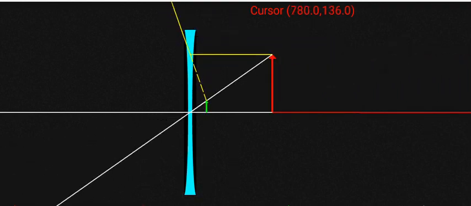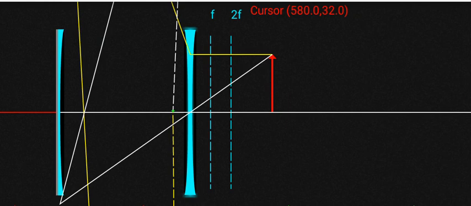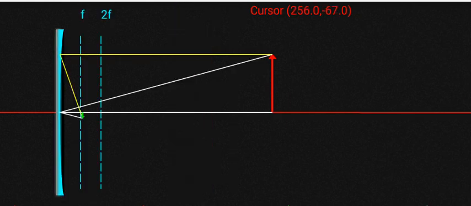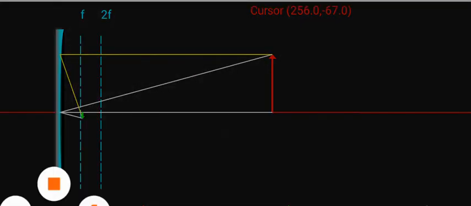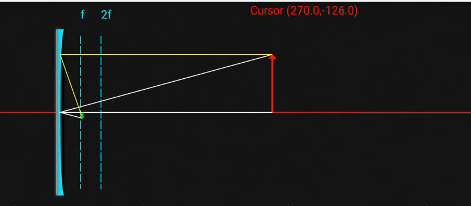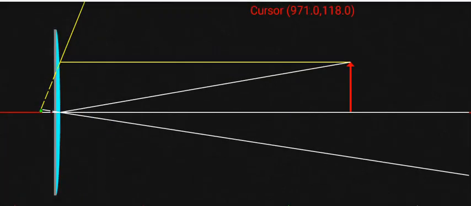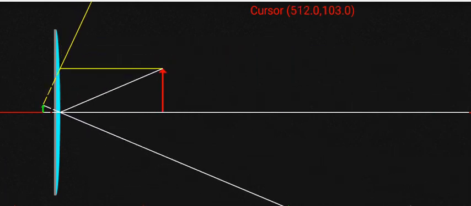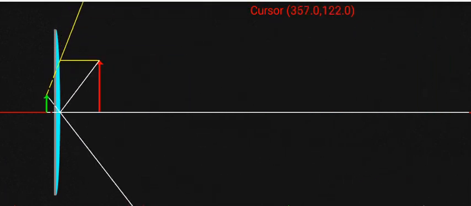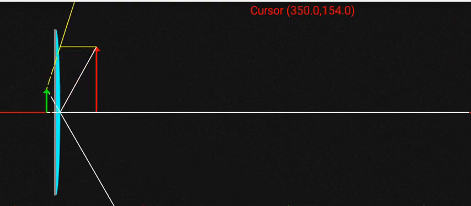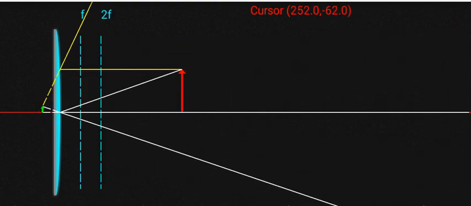So this is about mirror and lens, and let's go to the mirror and try a convex mirror, which also showed that every time it gave a virtual image in whichever place you try to place him. So what conclusion did we get from here?